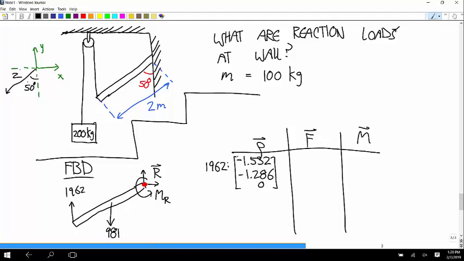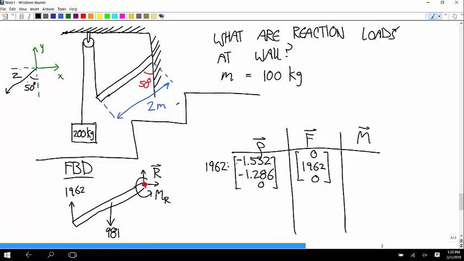And then the force, that's in the positive y direction. So 0, positive 1962, 0. And now we need the cross product.